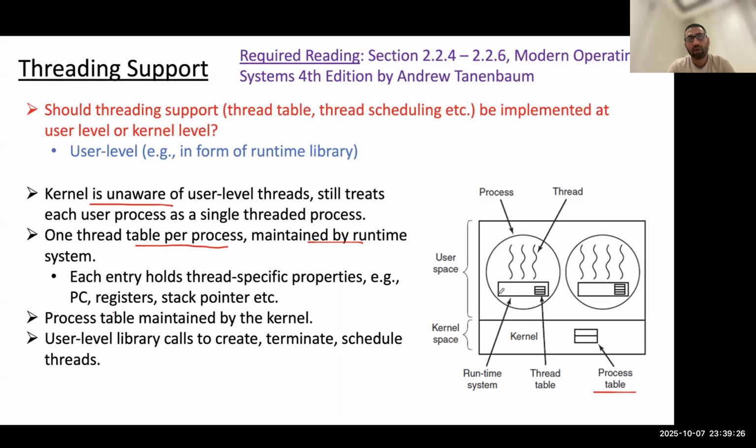Whenever you need to create a new thread in the process code, you make a library call, for example, create, which will create a new thread, terminate will terminate an existing thread, and schedule decides when to context switch between two threads of the same process.